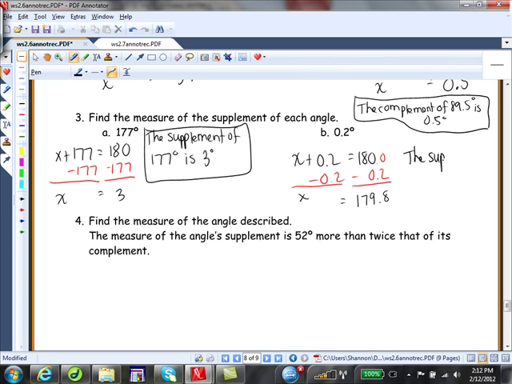So we found that the supplement of 2/10 of a degree is 179 and 8/10 of a degree, 8/10 degrees.